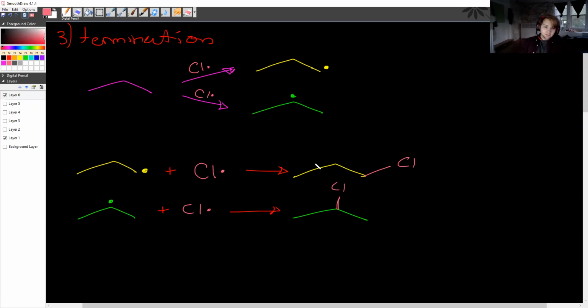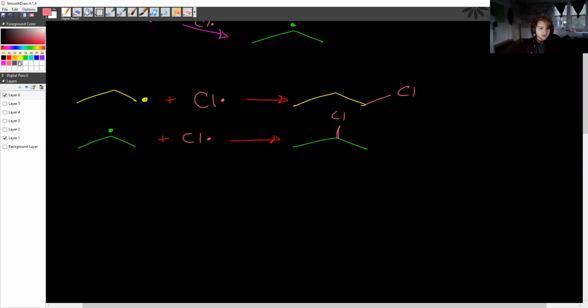That's totally valid. What's also valid as a termination step is that we could just have 2 chlorines reacting with each other. That's totally fine. That's a termination. All right. And what termination is all about is that we're just getting rid of radicals. We're pairing them up. Okay.